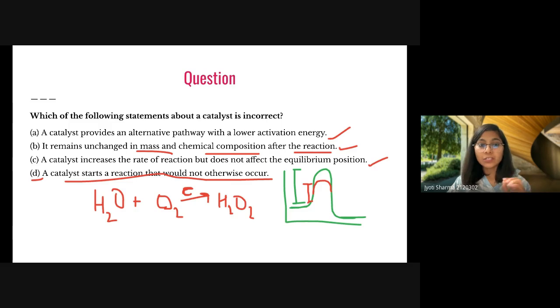The catalyst's work is just to increase the rate of reaction, but initiation will happen by the reactants themselves. So this is the wrong statement. The question was about the catalyst, and the statement is incorrect, so D should be the right answer.